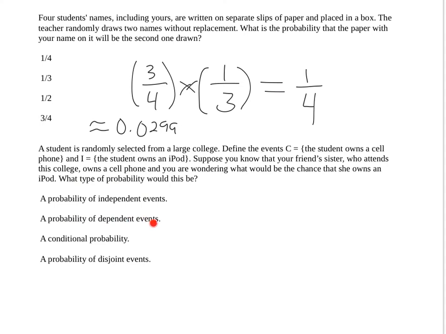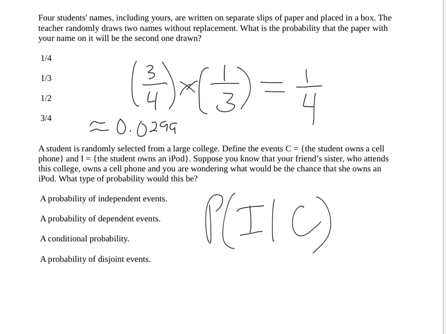Are they dependent events? Maybe, but that's actually not what this question is asking. This question is saying, you already know that your friend's sister owns a cell phone. So if we write this in probability notation, we already know that she owns a cell phone. We want to know what the probability is, given that she has a cell phone, that she also has an iPod.